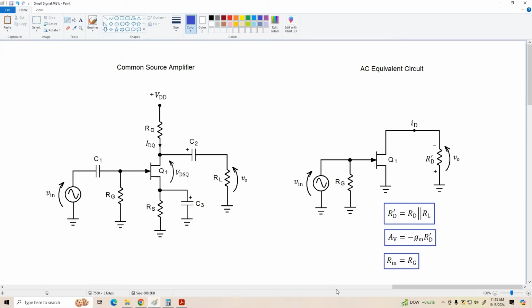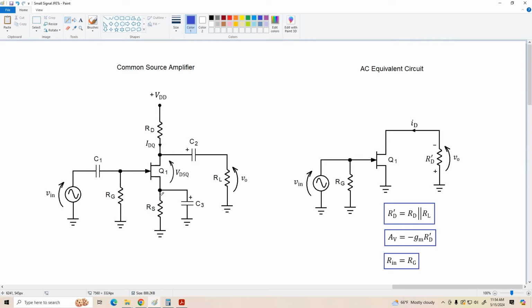Now, something I'd like to mention before we move on is that even though I've bypassed the source to ground, notice that the input resistance is still practically infinite looking into the JFET. Bypassing the source resistor does not affect the input resistance like bypassing the emitter resistance does in a BJT amplifier.